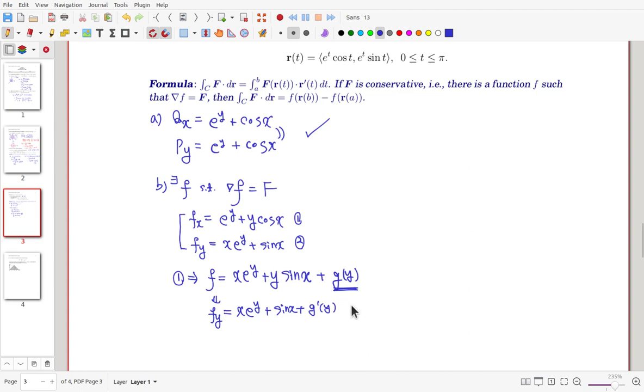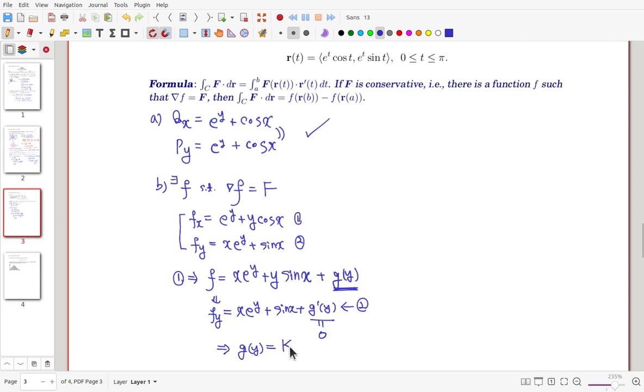Okay, we compare this with the second equation, since f sub y must be this. Comparing with the equation here, we get that this portion must be 0, which means that g of y, as a function of y, must be constant.